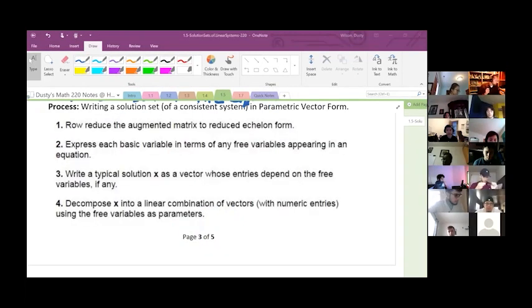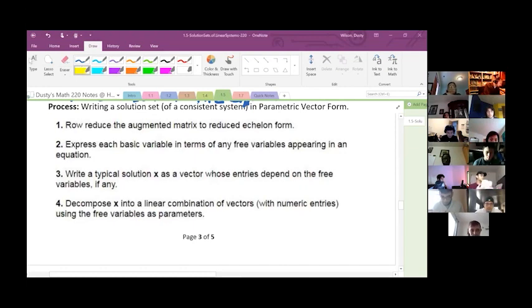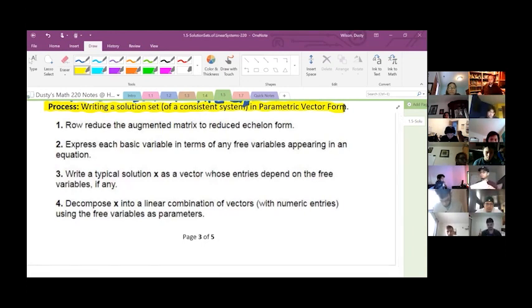So we are picking up where we left off yesterday, talking about solution sets of linear equations. This beginning is simply outlining a process for writing a solution set. We've been doing this, but you might be saying, I just need a summary of the process. Our process is pretty straightforward. The first thing you do is row reduce.